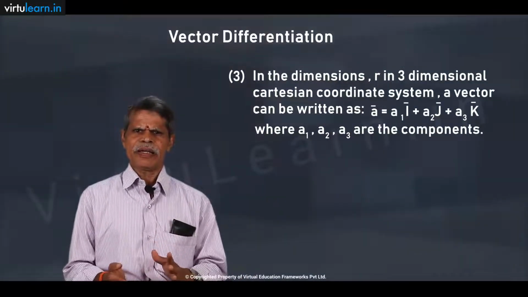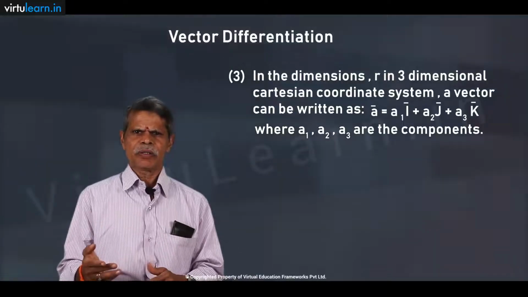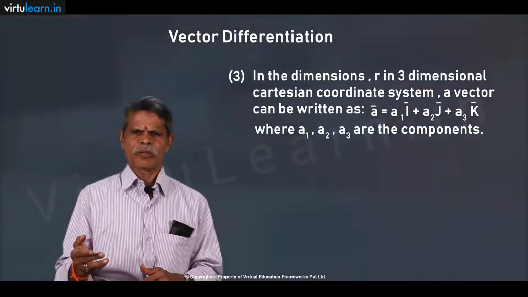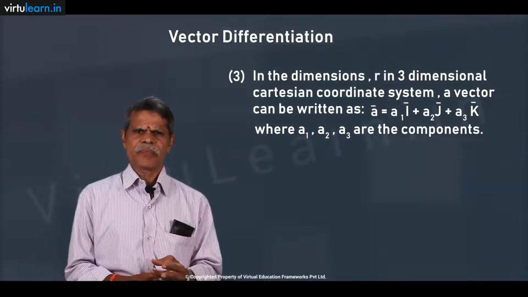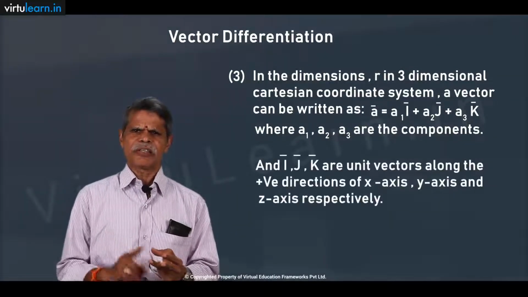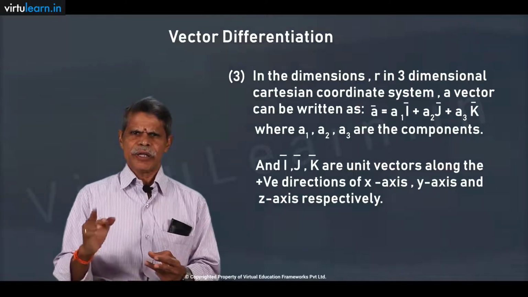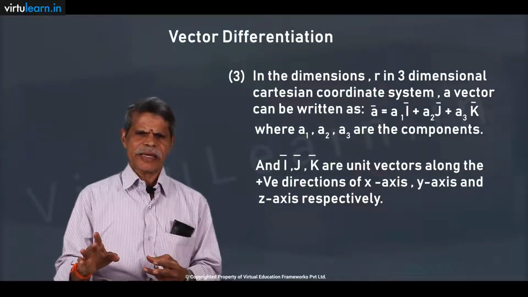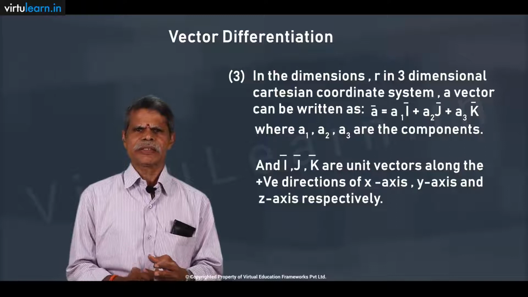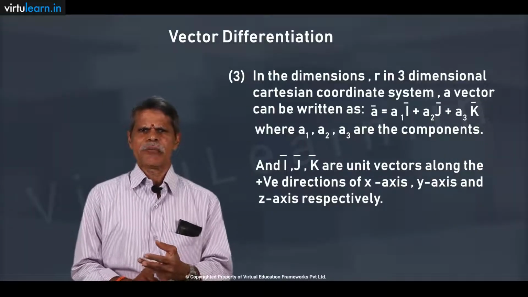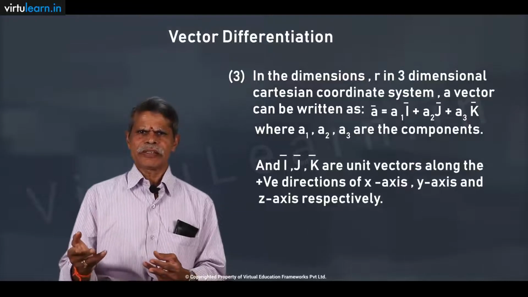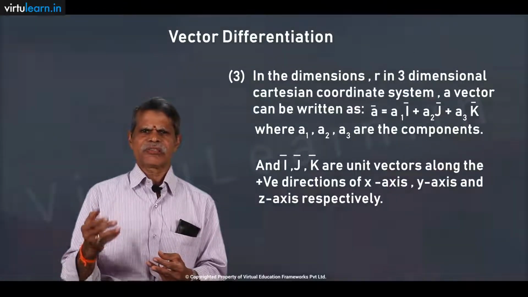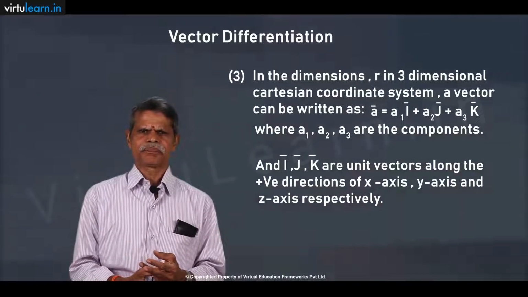Then A bar can be written as A1 I bar plus A2 J bar plus A3 K bar, where A1, A2, A3 are known as the components of the vector along the directions of the coordinate axes. I bar, J bar, K bar are unit vectors along the positive directions of the x-axis, y-axis and z-axis.